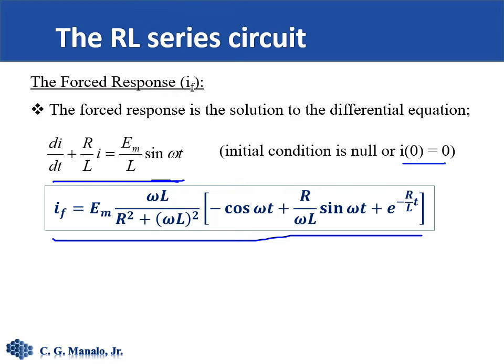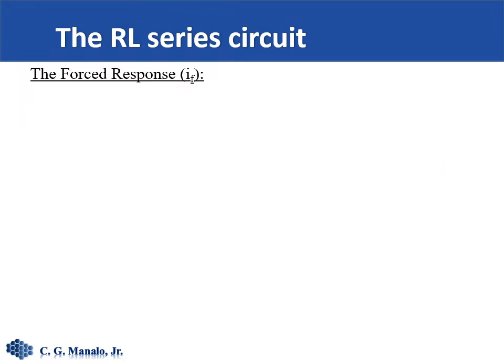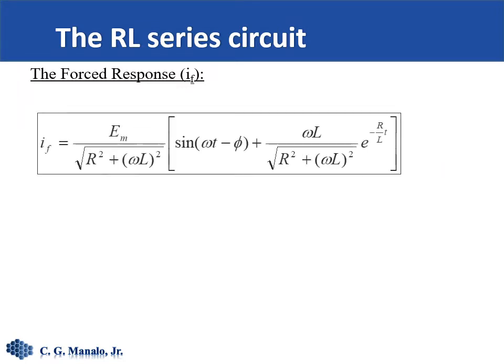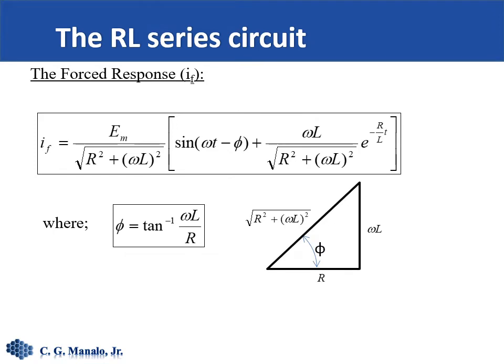It is a combination of sinusoidal and exponential terms. The forced response can be arranged to look like this. So we introduce a new quantity called phi, and phi is defined as the inverse tangent of omega L over R.